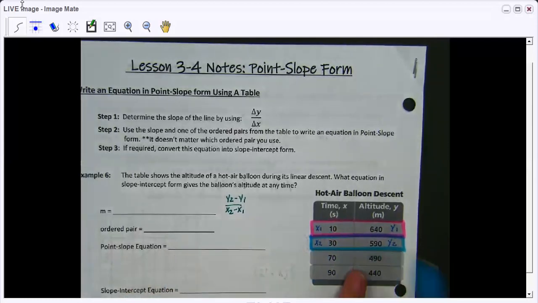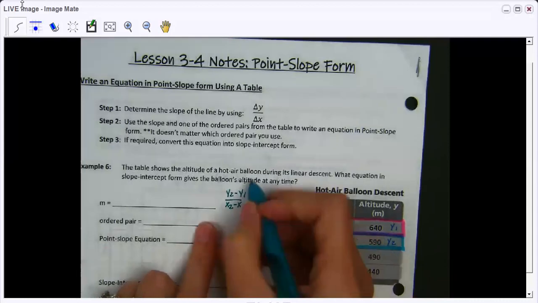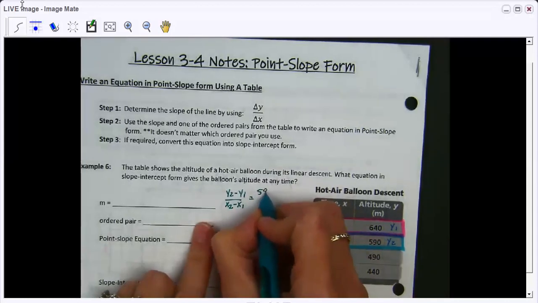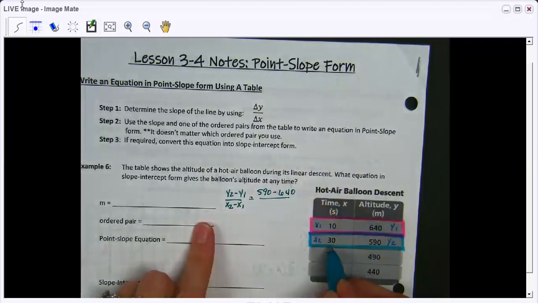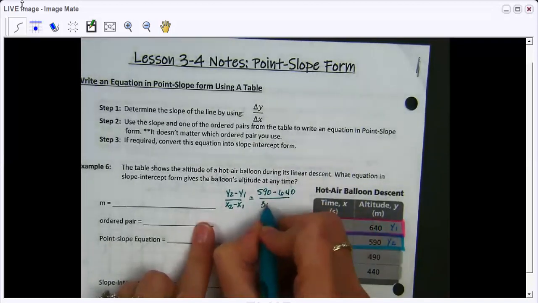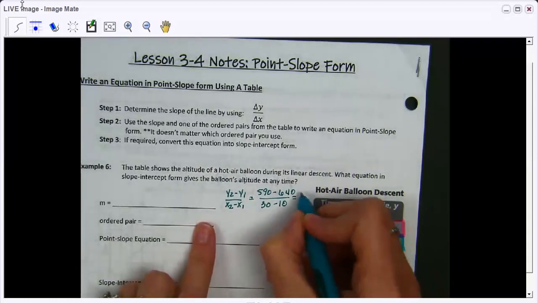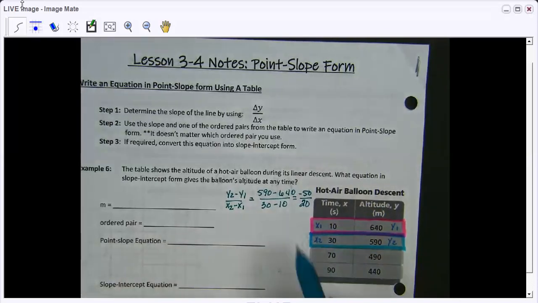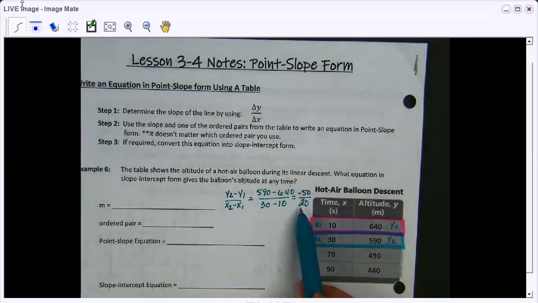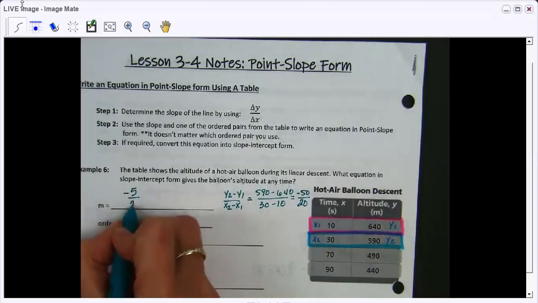And I'm just going to plug these into my slope formula. So 590 minus 640 over 30 minus 10. And that gives me a -50 over 20. And then that simplifies to -5/2 as my slope.